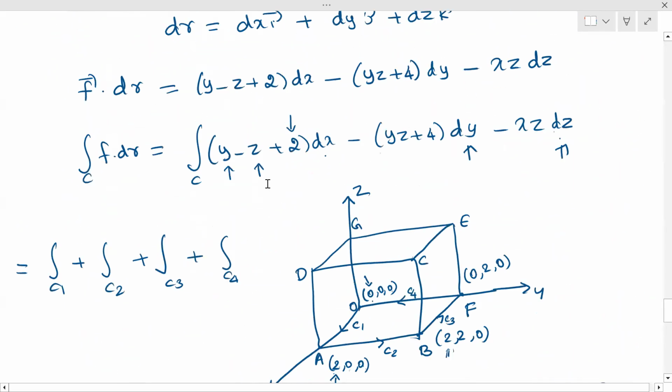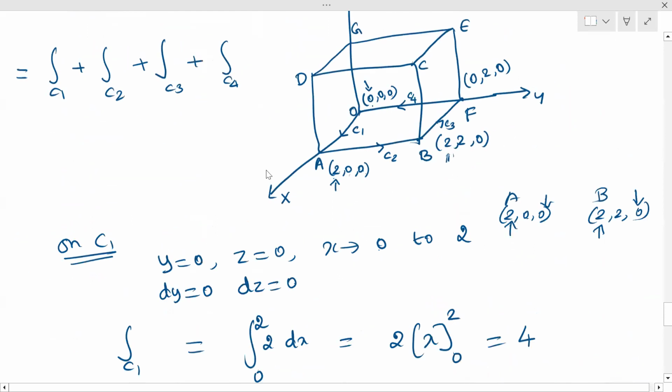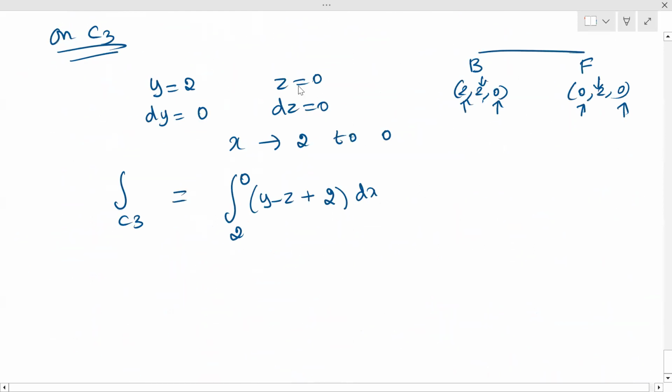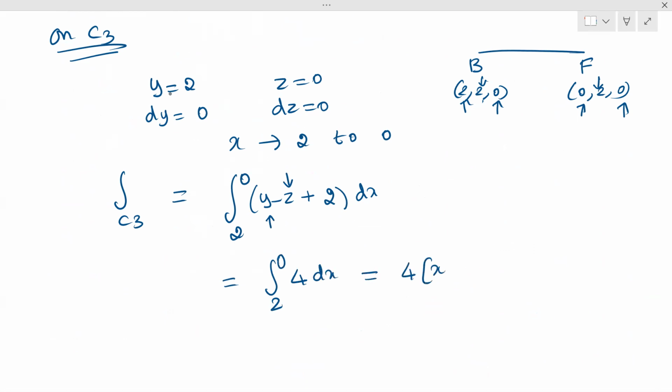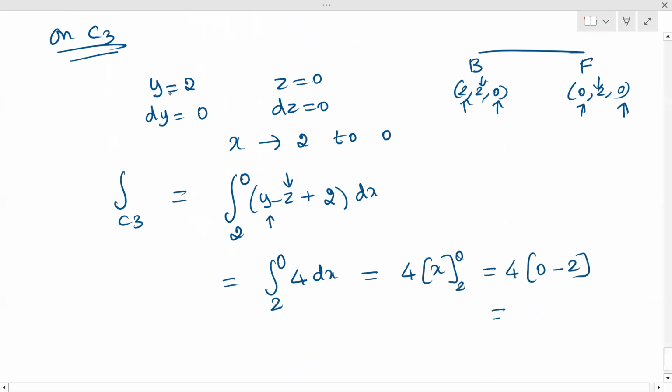Also z is 0 and y is 2. Substitute z equal to 0 and y equal to 2, and you will get 4 into x. So integration from x 2 to 0 gives 4 times (0 minus 2), which is equal to minus 8.